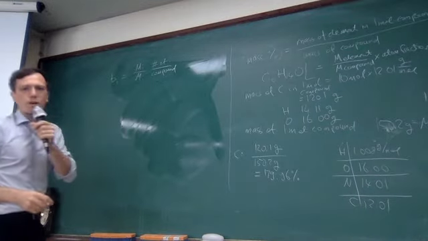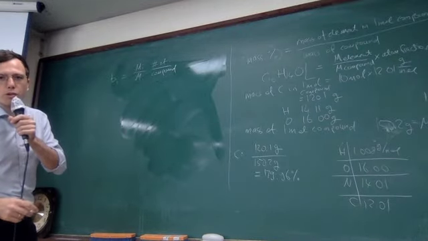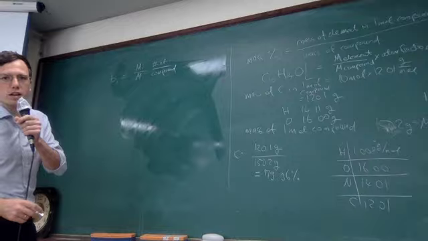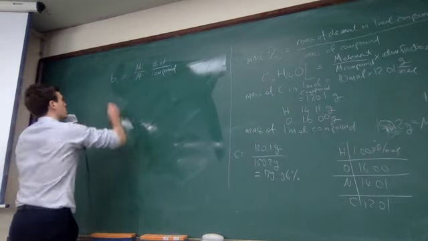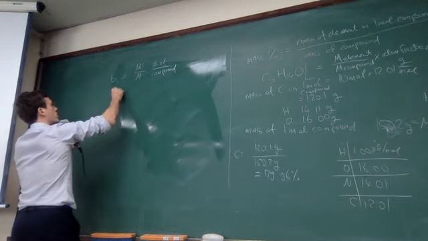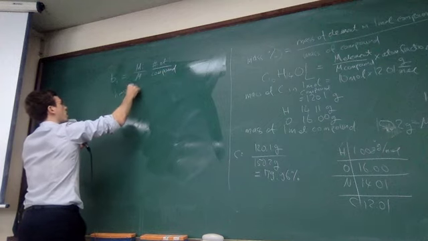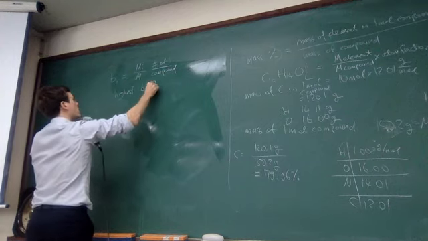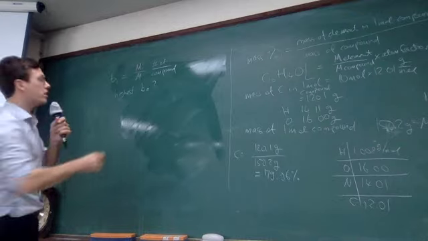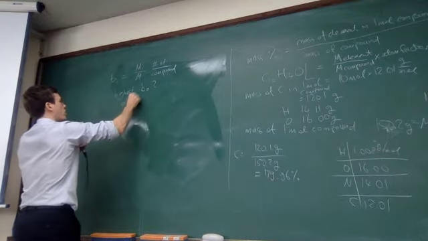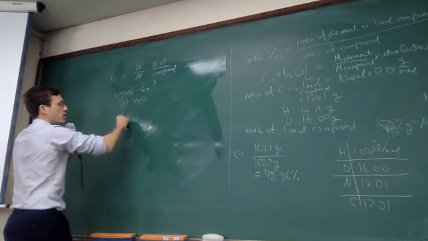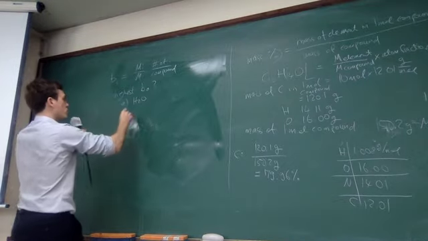Okay, so now the question is, which of the following 100 gram samples contains the highest percentage of oxygen by mass? Okay. So highest oxygen. Is it A, water? Is it B, N2O?